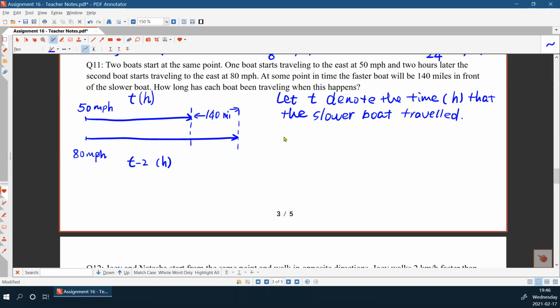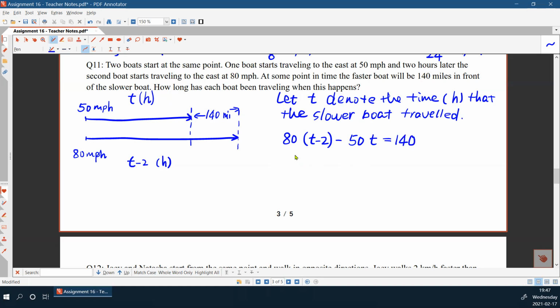So here we have the equation. The difference between these two boats is the faster boat has traveled 80 times (t minus 2), minus the distance that the slower boat has traveled, which is 50 times t, right? Difference is 140.